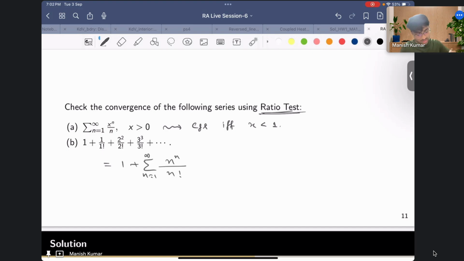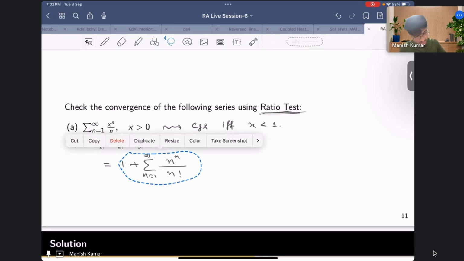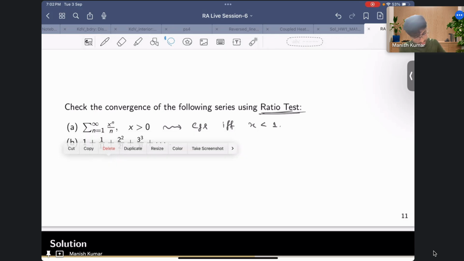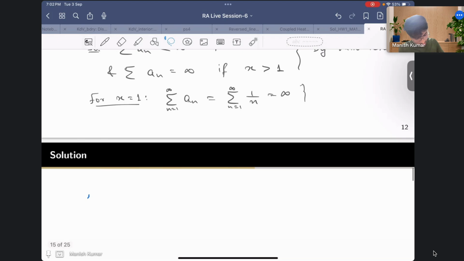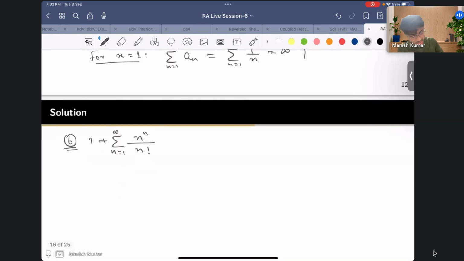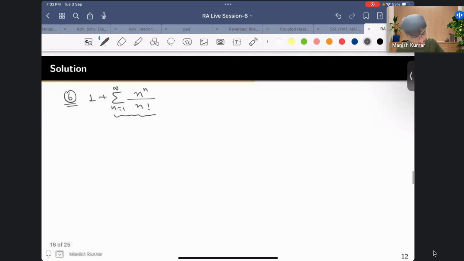So over here we don't need to care about this one, this is finite. We just need to worry about this series. If this is convergent, the whole series is convergent, there is no issue, this is just one term. So over here we just concentrate on this sum.